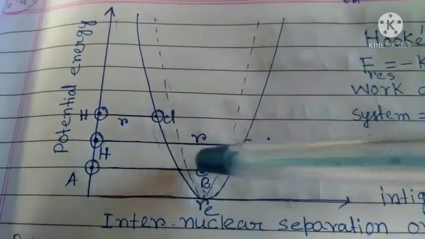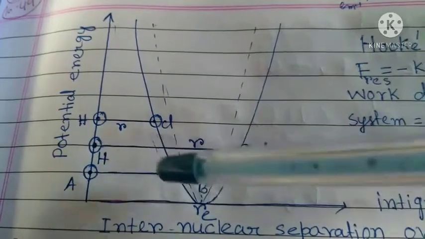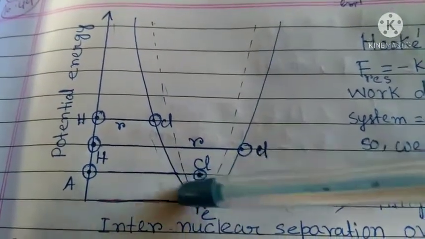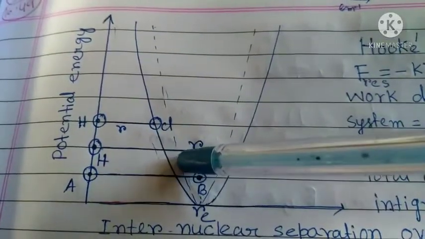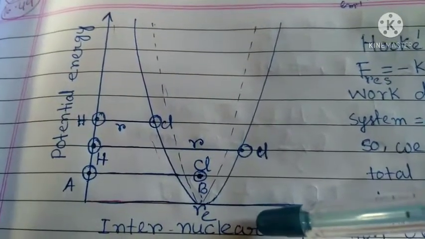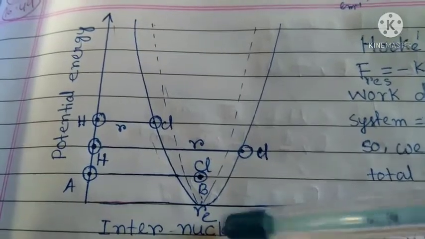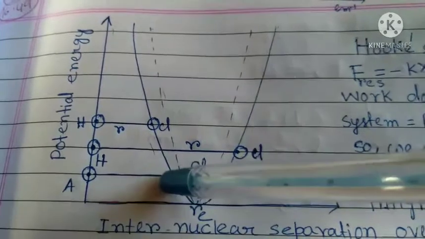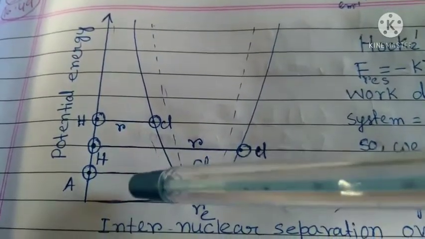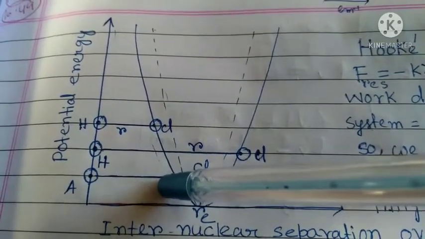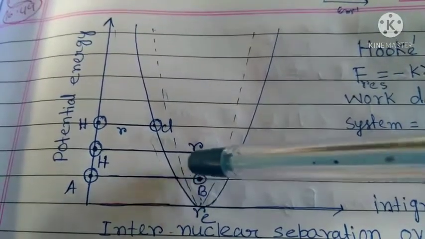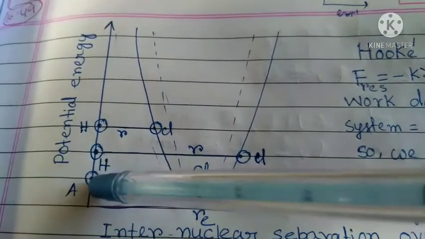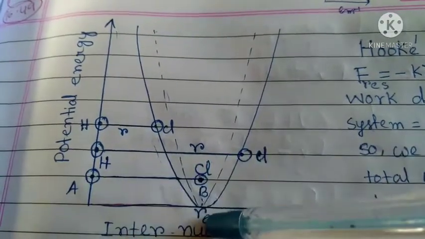So when a simple diatomic heteronuclear molecule like HCl interacts with light having a frequency range from 400 to 4000 centimeter inverse, suppose the HCl molecule is at the ground state. It does not interact with the light at that state, and the bond distance between H and Cl is R equilibrium.